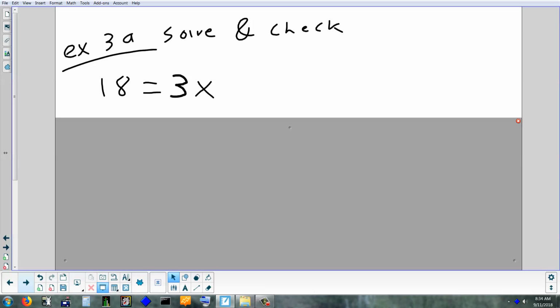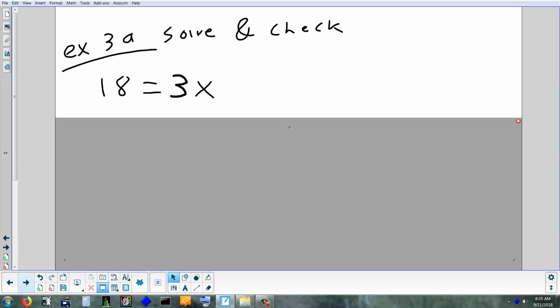How about Catherine? Not sure? You want to help her out? How about Paige? No, 3's not a fraction, right? There's no denominator there. It's just a 3. So we're not going to be multiplying by a reciprocal here. Okay, that's only when you have a fraction.